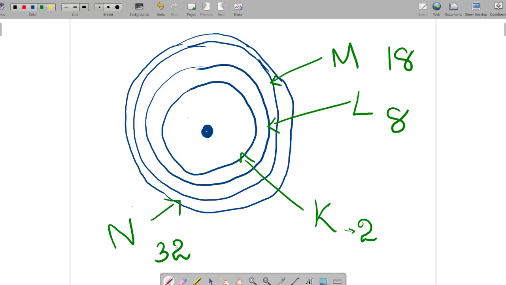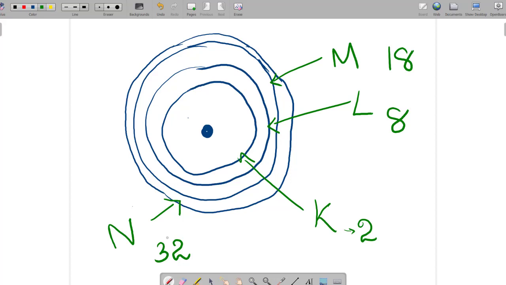Now, when we talk about chemistry, mainly we have to learn about the first 20 elements, starting from hydrogen and ending with calcium.